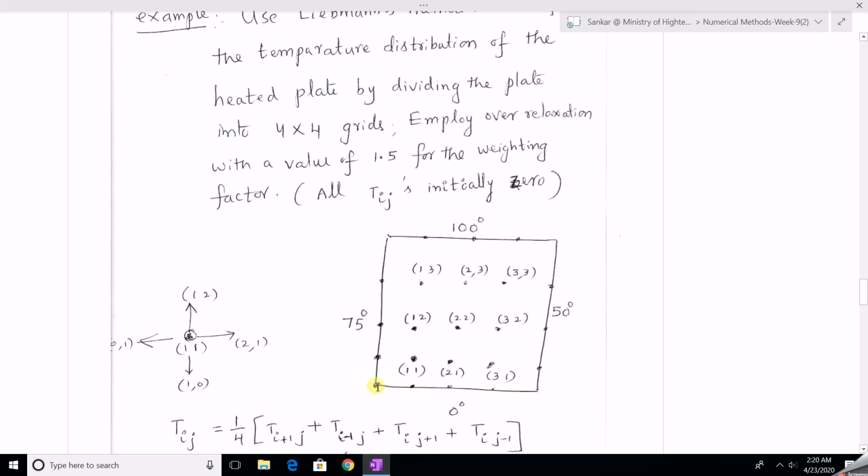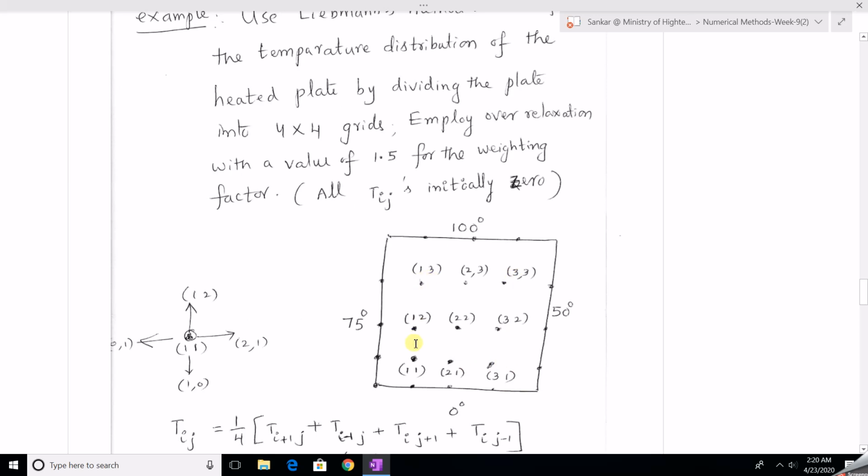That means the plate is divided into 4 by 4 grids by drawing parallel vertical lines and horizontal lines. Therefore, it will be divided into a 4 by 4 grid, and you will get these intermediate points inside the plate.